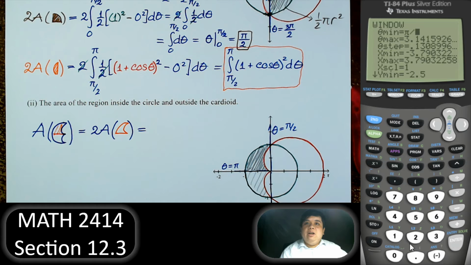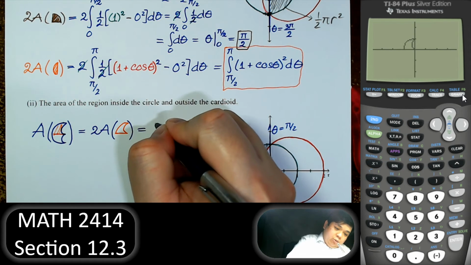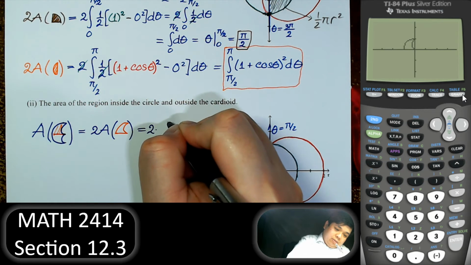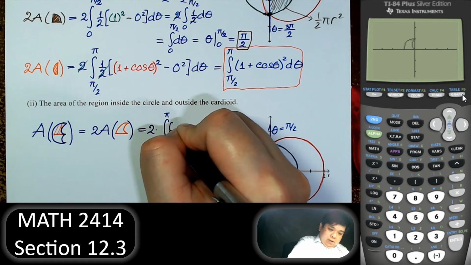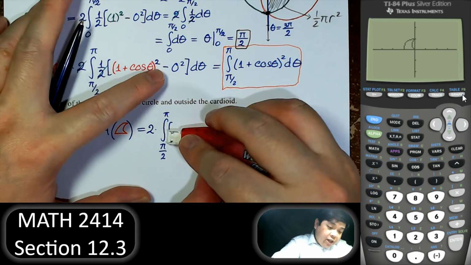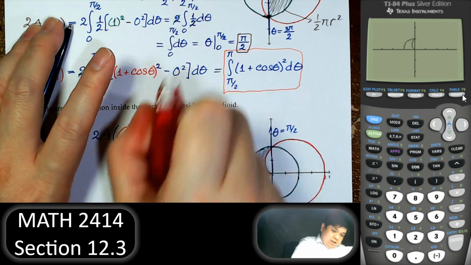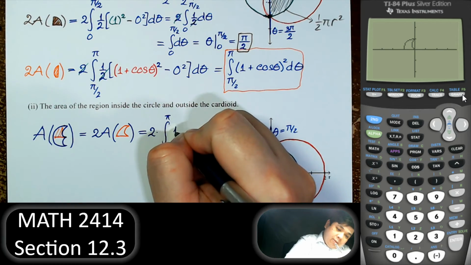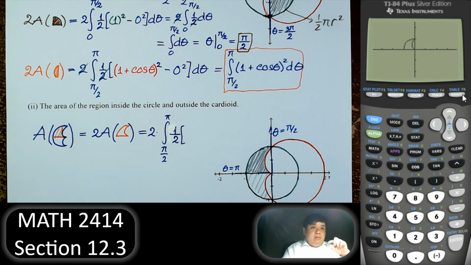Pi over 2 to pi. In this, we have this graph. So the limit will be pi over 2 to pi. 2 times, don't forget in the formula for the area we have the 1/2. And then the outer radius squared minus the inner radius squared.